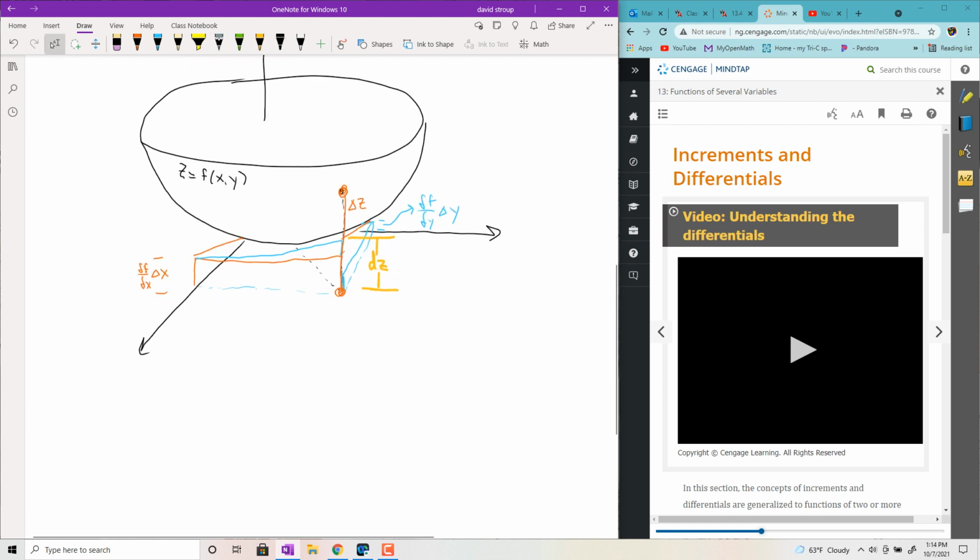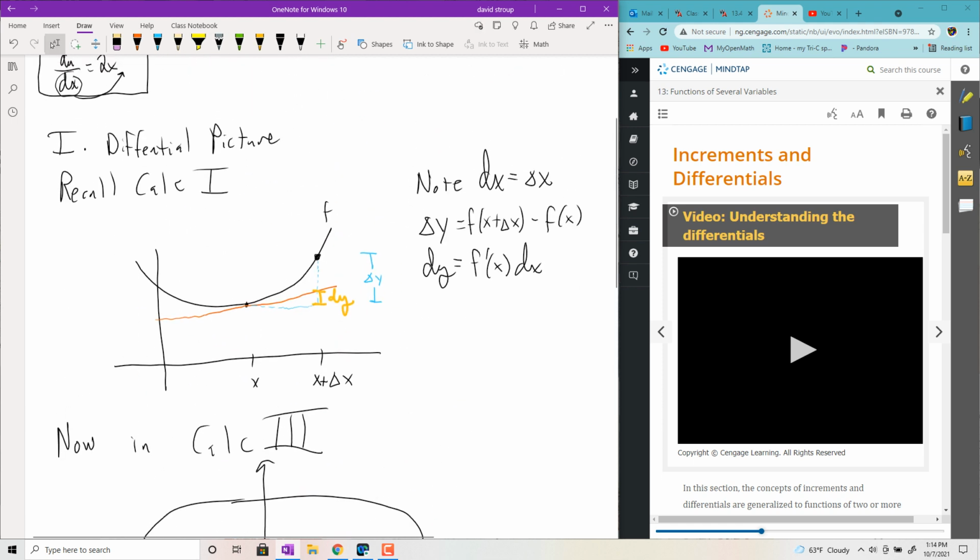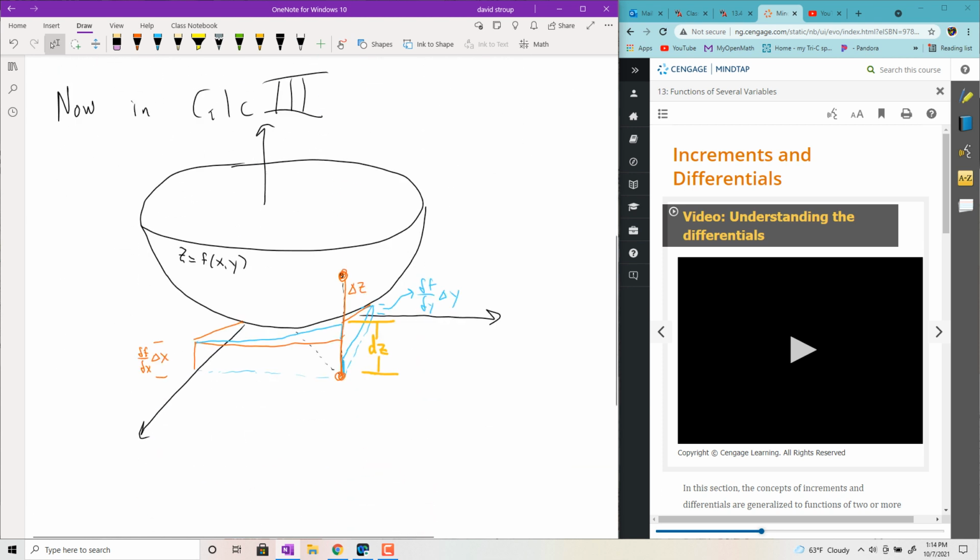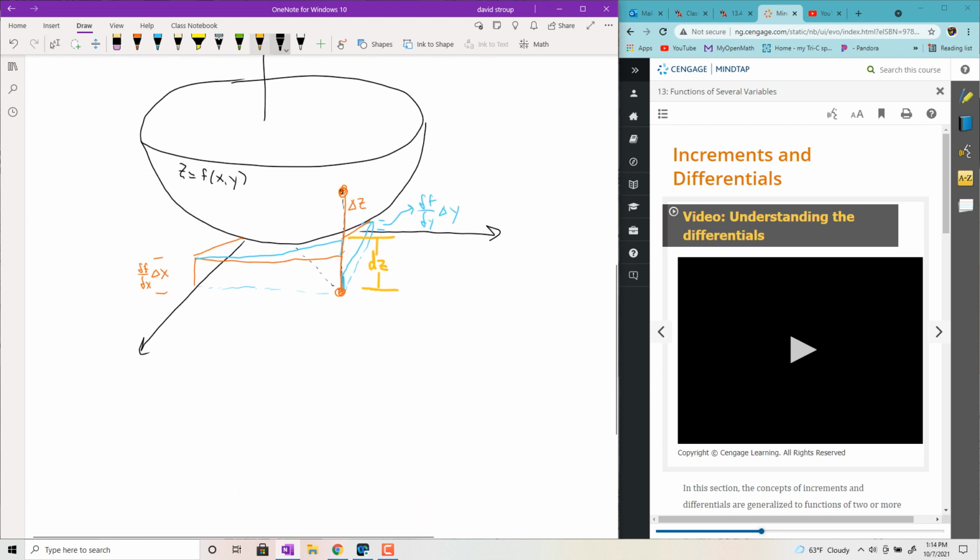Okay, so again, let's write out, like we did before, the change in z and then dz. The change in z, the actual change in height, would be f of x plus change in x, comma y plus change in y, minus f of x comma y. And then your dz is going to be the sum of those two mini differentials.